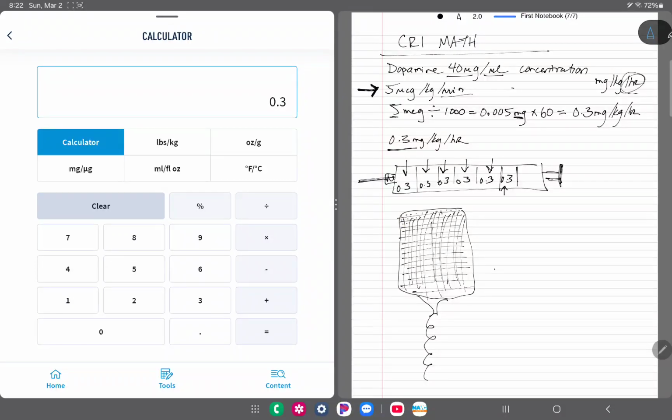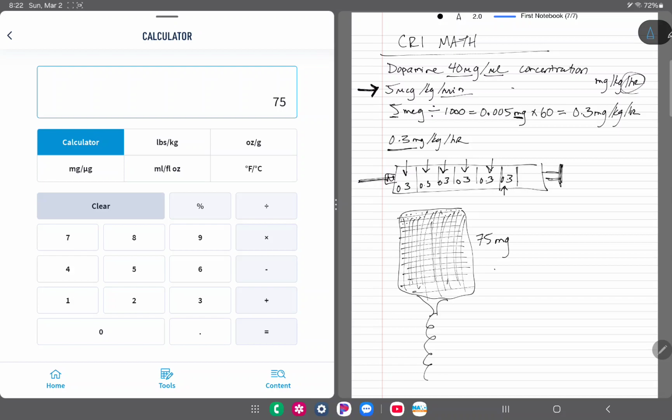Well, an easier way to do that would be 0.3 times 250. So now I've got 75 mg I need to add into that entire 250 bag.